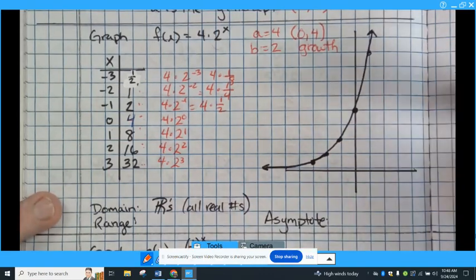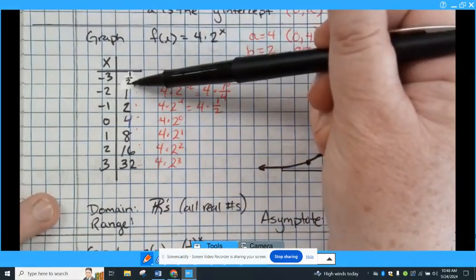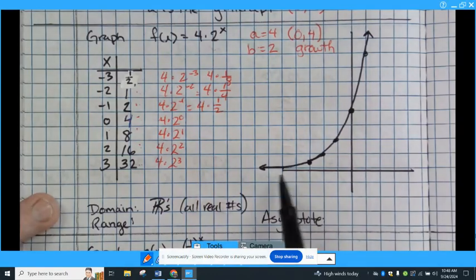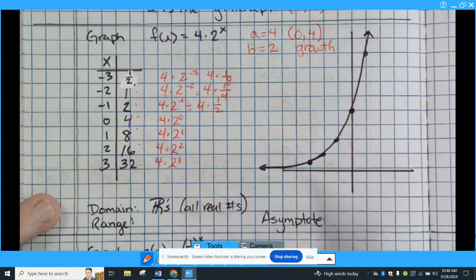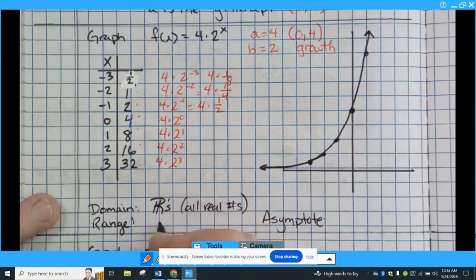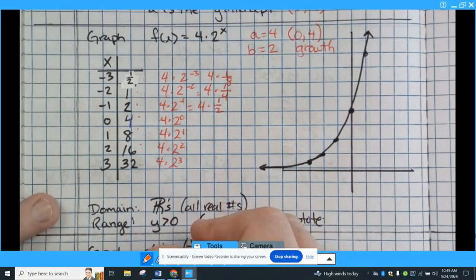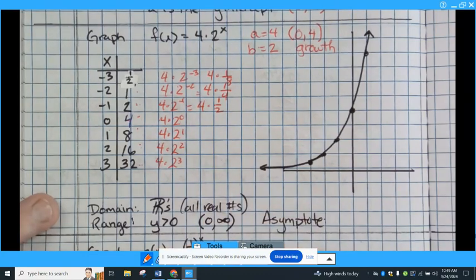Our range: notice none of our answers, because we keep dividing by 2, will ever equal 0. So none of our answers will be negative or ever equal to 0. So our range is y is greater than 0. You can also write that as 0 to infinity with parentheses.